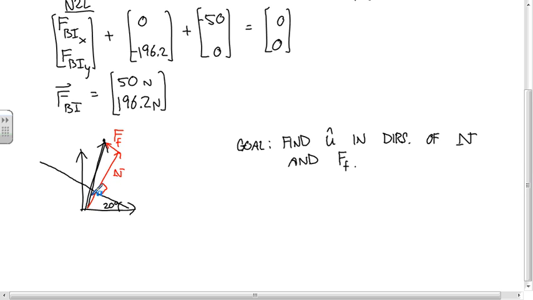The way I'm going to do that is figure out what angle I need to rotate from the positive x-axis to be going this way, okay? And then I'm going to figure out what angle I have to rotate from this to get to n. Those two are perpendicular, so it's just going to be a clockwise angle of 90.